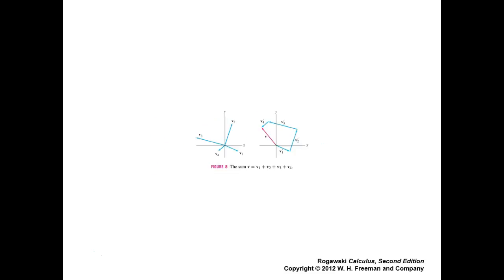Now, what if you're adding a whole bunch of vectors? It won't be parallelograms anymore. It will be polygonal, I guess is how you say this. What if you're adding vectors v1 plus v2 plus v3 plus v4? Here's your v1, there's your v2, there's your v3, and there's your v4, all written in standard position. Start with any one of them, it doesn't matter which.